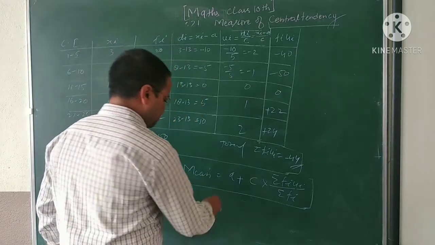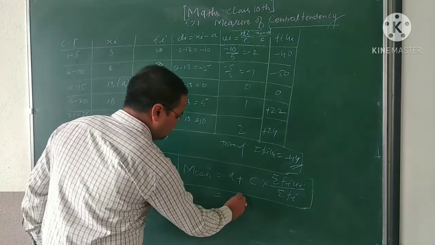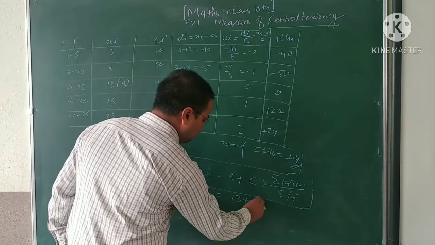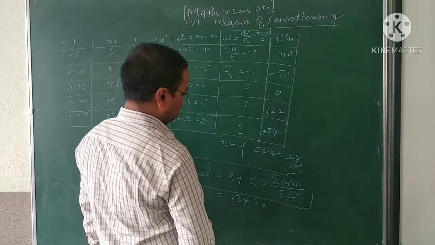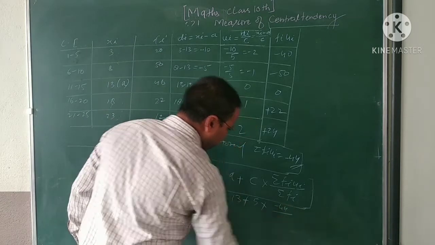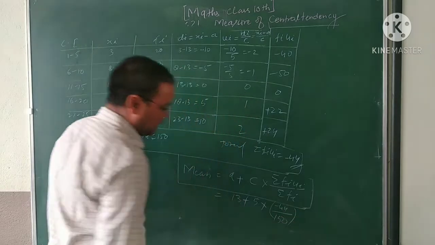So if we put here, A is what? That is 30 plus, what is the value of C? Value of C is 5 into, what is sigma FiUi? Its value will be minus 44. So minus 44 upon sigma Fi, which is 150.